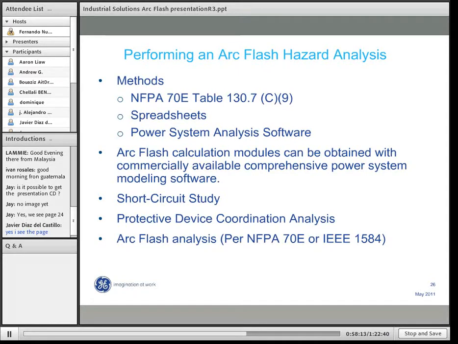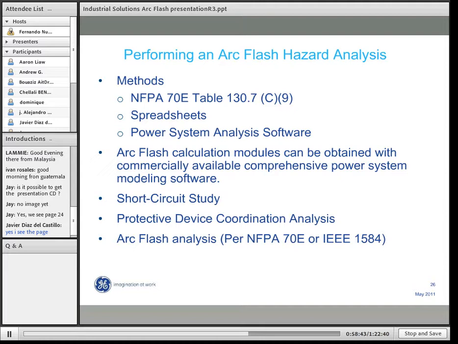For example, IEEE 1584 comes with some spreadsheets that you can use to do the analysis. But the most detailed and accurate is to use Power System Analysis software, which is designed to follow the calculation procedures in the standard and is based on a complete system model that you develop when you collect the data.